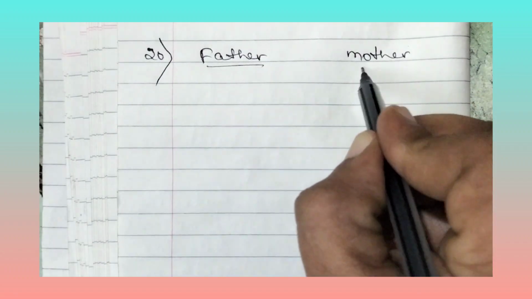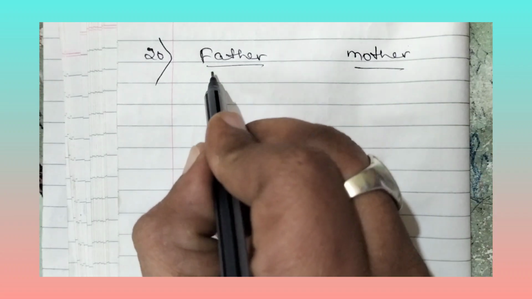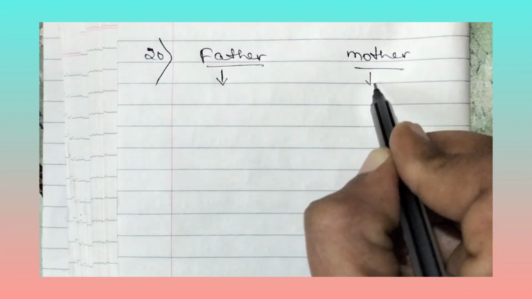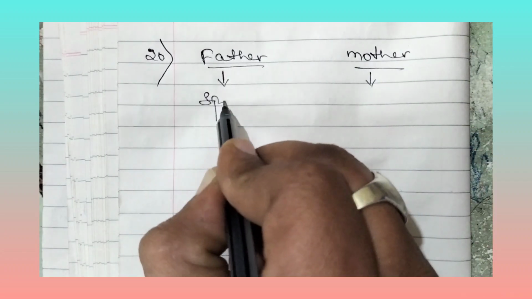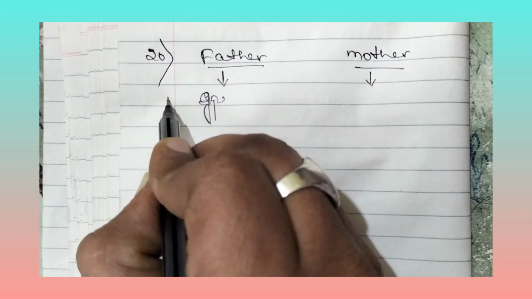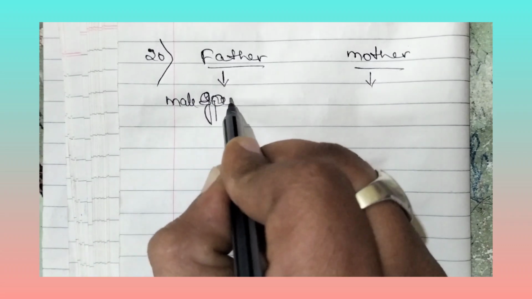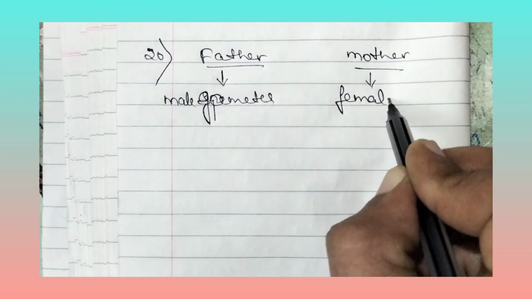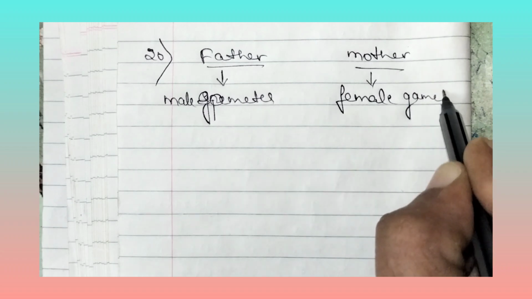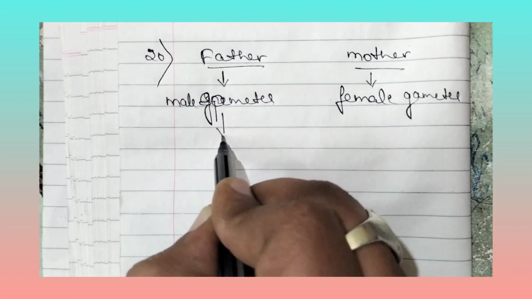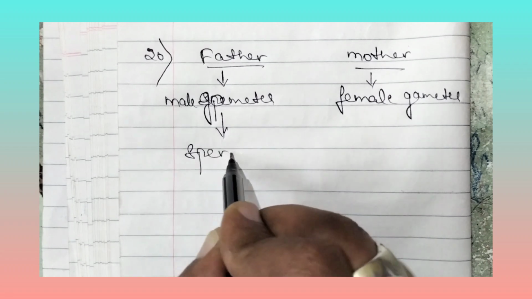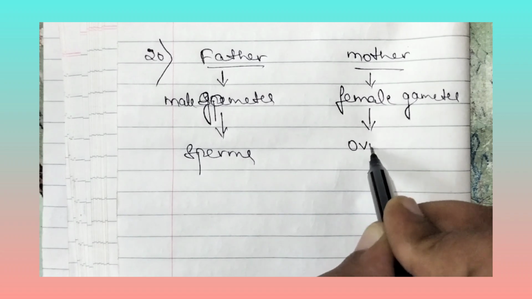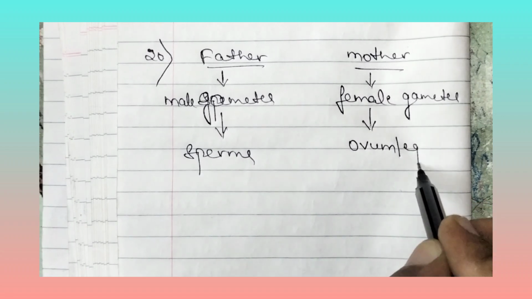Father will produce sperms. Father will have male gametes, and mother will have female gametes. These male gametes will produce sperms and these female gametes will produce ovum, or it produces eggs.